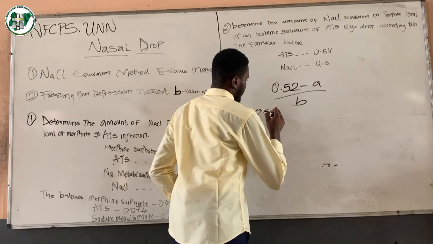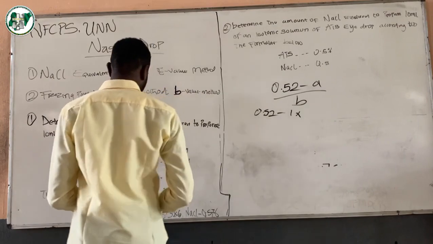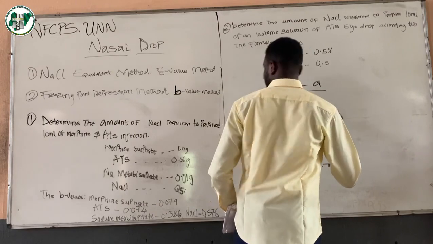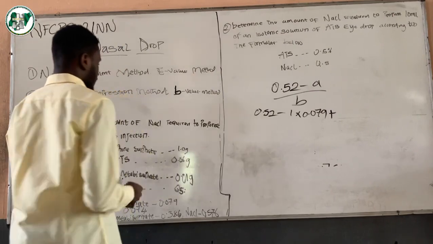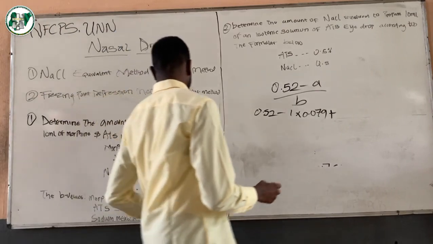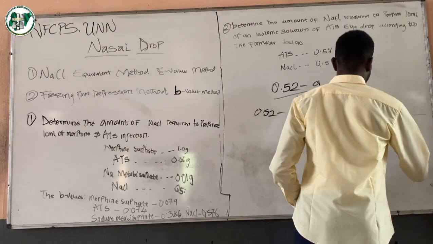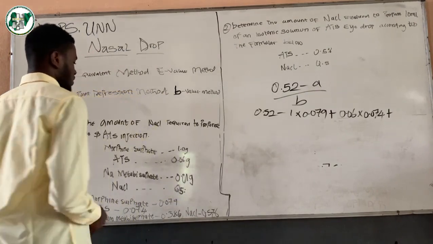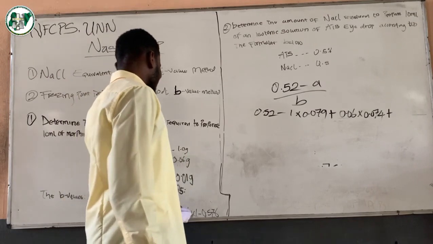So we're going to say 0.52 minus 1 multiplied by the B value of this morphine sulfate, which is 0.076, plus the concentration of ATS 0.06 multiplied by the B value of ATS 0.074, plus the concentration of sodium metabisulfite 0.01 multiplied by the B value of sodium metabisulfite 0.386.